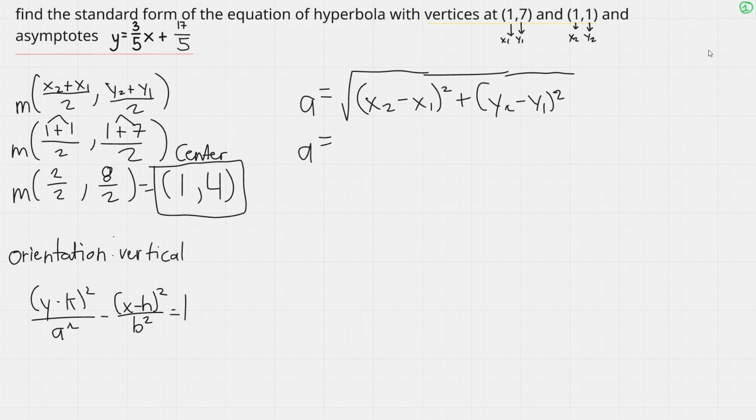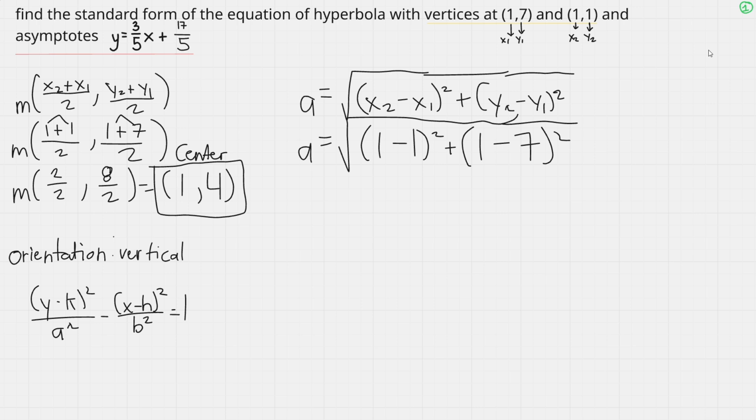Now let's substitute. Again, we're still using our vertices. So we have x sub 2, 1 minus 1 squared, plus our y sub 2, we have 1 minus our y sub 1, 7 squared.